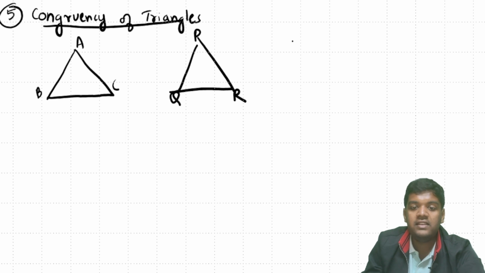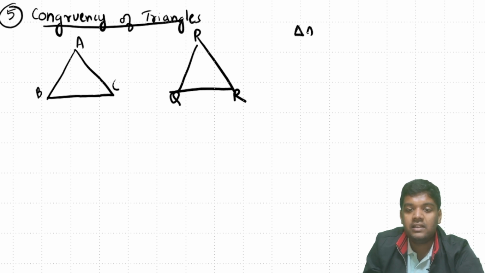Right. If I say triangle ABC is congruent to triangle PQR, I am referring to it as the length of each side is equal to the corresponding side of the other triangle.